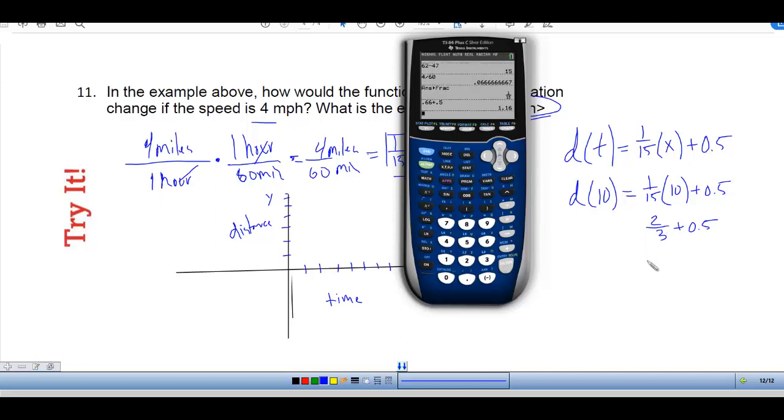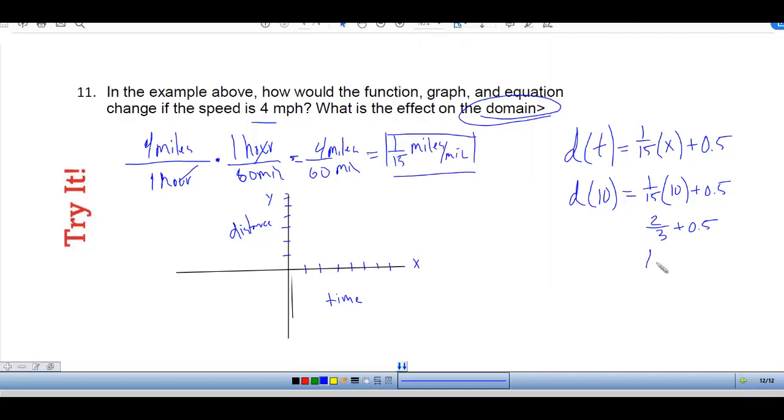We get approximately 1.16. Okay, so after 10 minutes in this example, when I've changed my speed to 4 miles an hour, I'm only traveling 1.16 miles. Previously, when I was going 6 miles an hour, I traveled 1.5 in that same length of time.